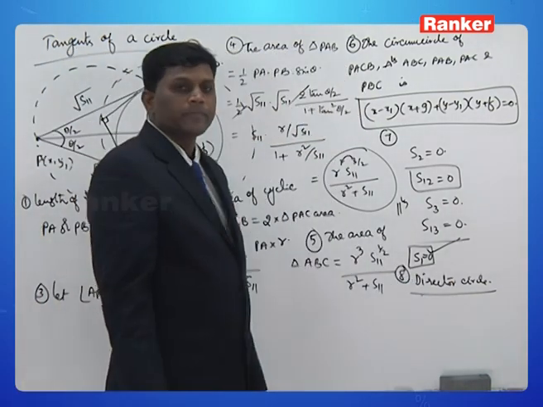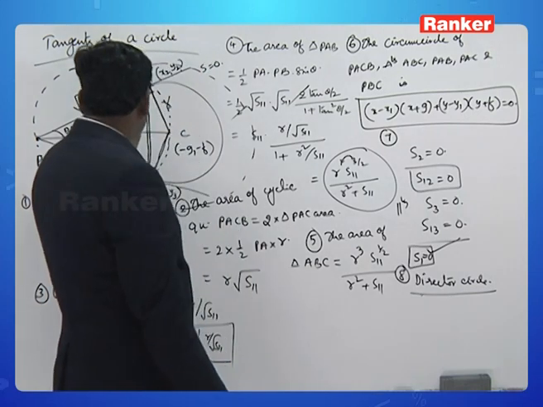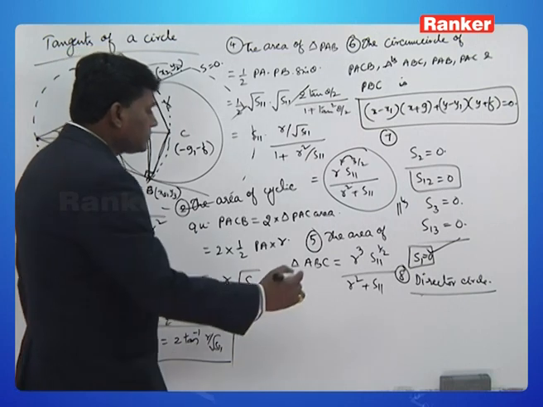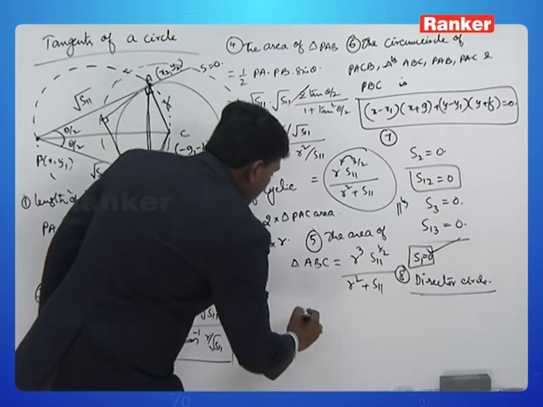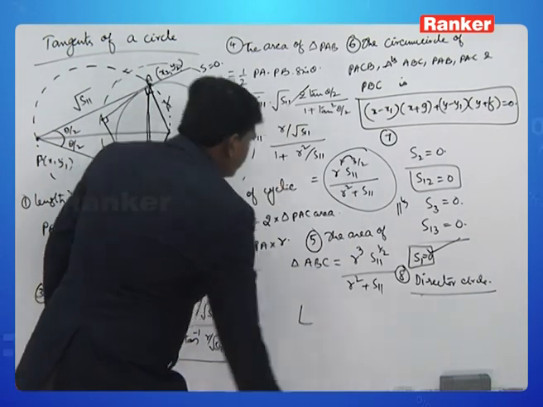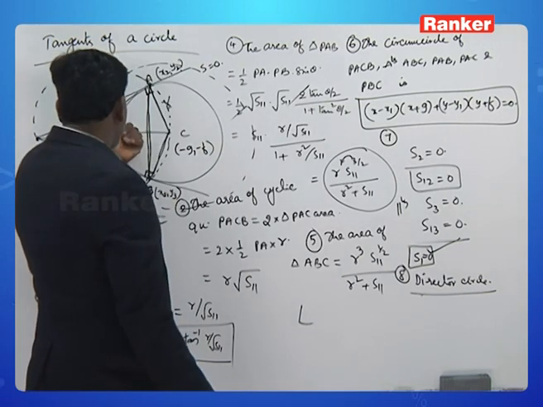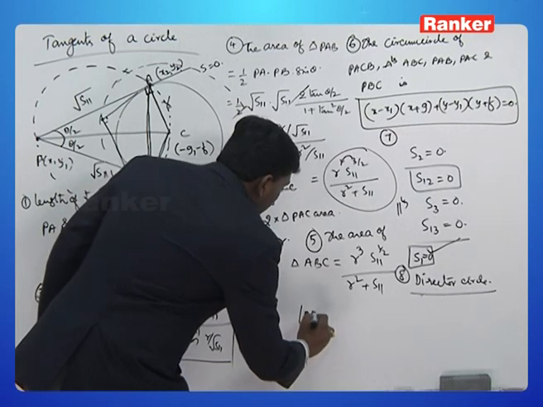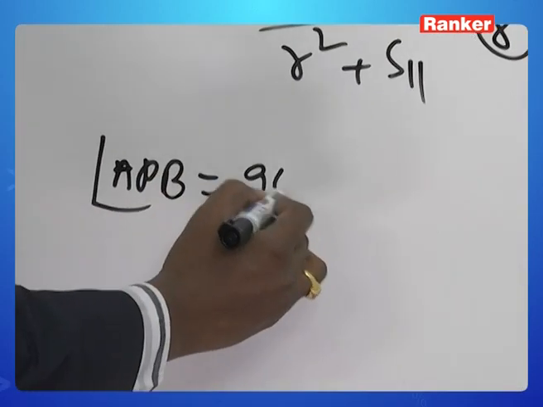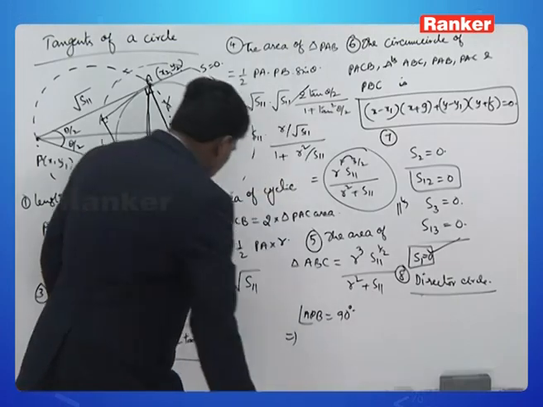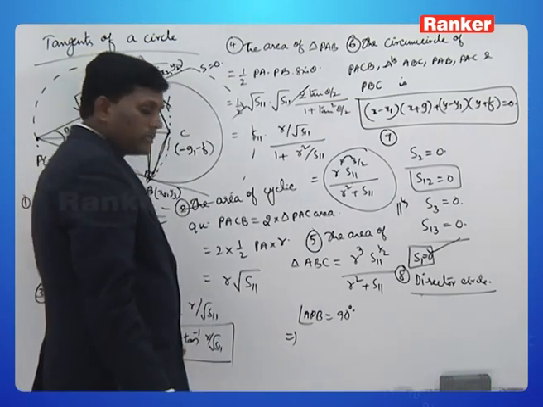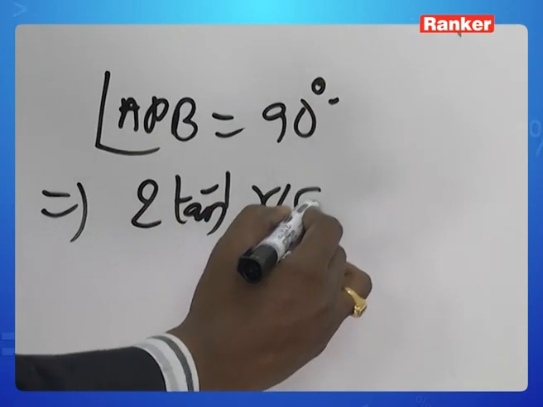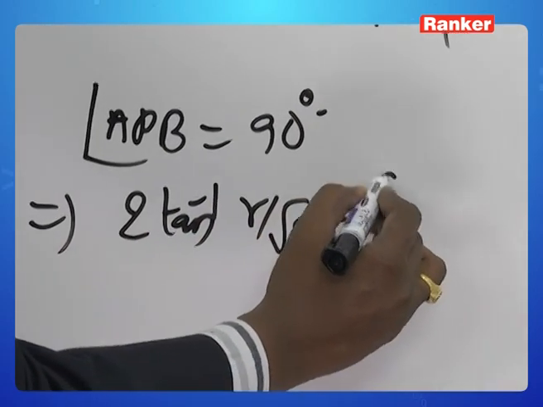Now let us see. If we are considering this point as x1, y1, suppose this point is taken again as P, then angle APB equals 90 degrees. But actually the angle we have already proved it: 2 tan inverse R by root S11 is 90 degrees.